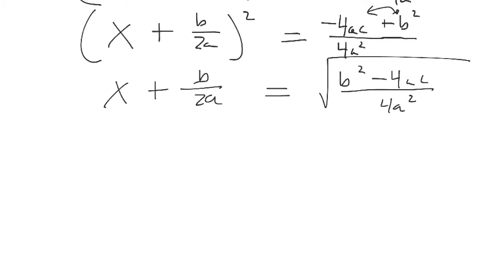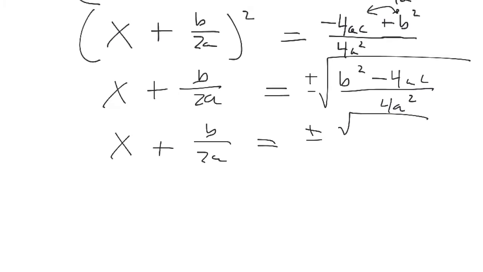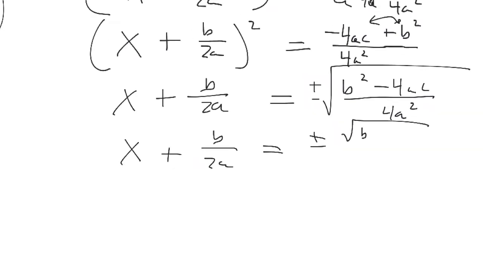Simplifying the right-hand side, oh, and I also need the plus or minus. Simplifying the right-hand side, you get plus or minus the square root of the numerator, b squared minus 4ac, all over the square root of the denominator, which is 2a.